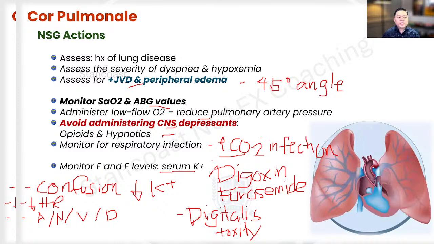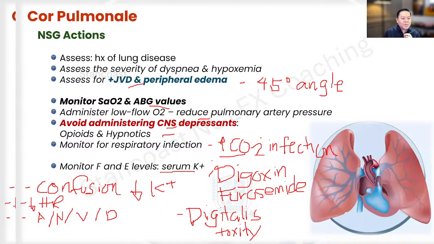So we're talking about the digitalis toxicity at this point. And so we are going to have to focus on assessing those manifestations, especially if there is digoxin involved, if there is furosemide, or if there is hypokalemia, focusing on that one. Okay.